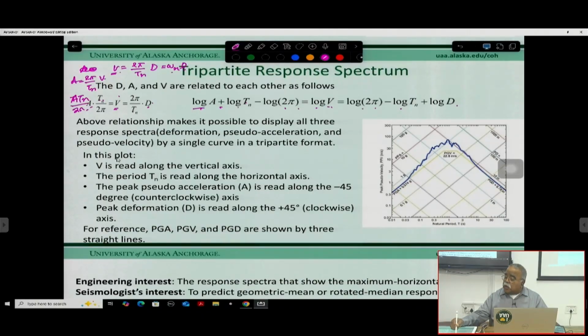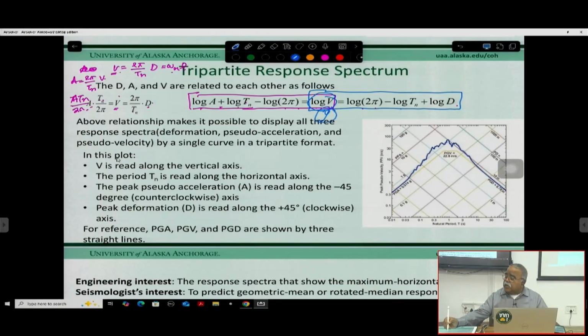So that's the relation from here, right? This is one equation with V, and this is another equation with V. So there are two sets of equations with V. Let V be the y-axis.